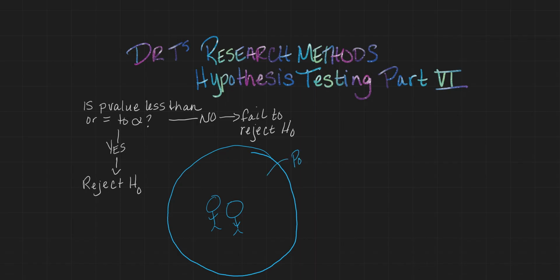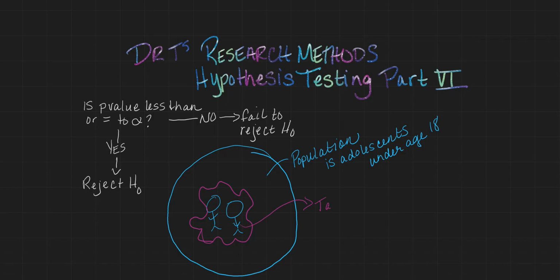So our population is adolescents under age 18. And we're going to go ahead and grab a sample, just random folks who meet our age requirement.